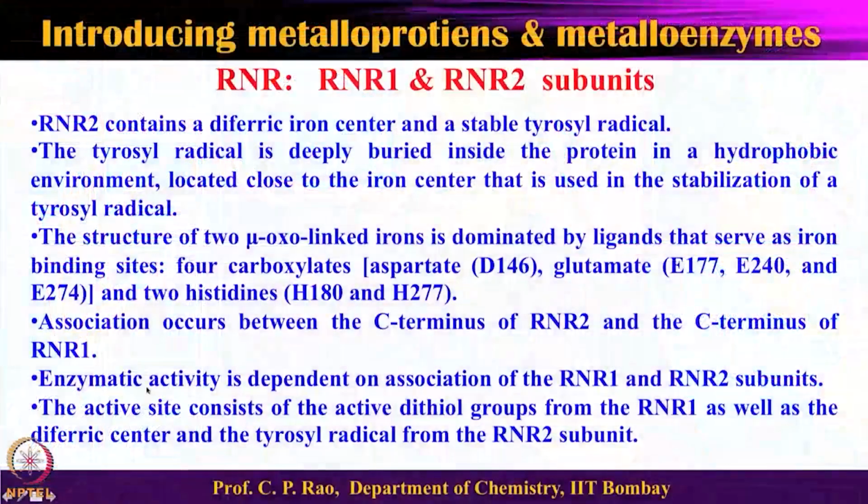That means certain residues at the C terminal of RnR2 and certain residues at the C terminal of RnR1 are the ones mediating the connectivity or the enzymatic reaction. Okay. So, the enzyme activity is dependent on the stability of the radical and the diferric center, and also on how these two units are associated. RnR1 and RnR2 are associated closely at the C terminus. Okay. So, this is absolutely essential.